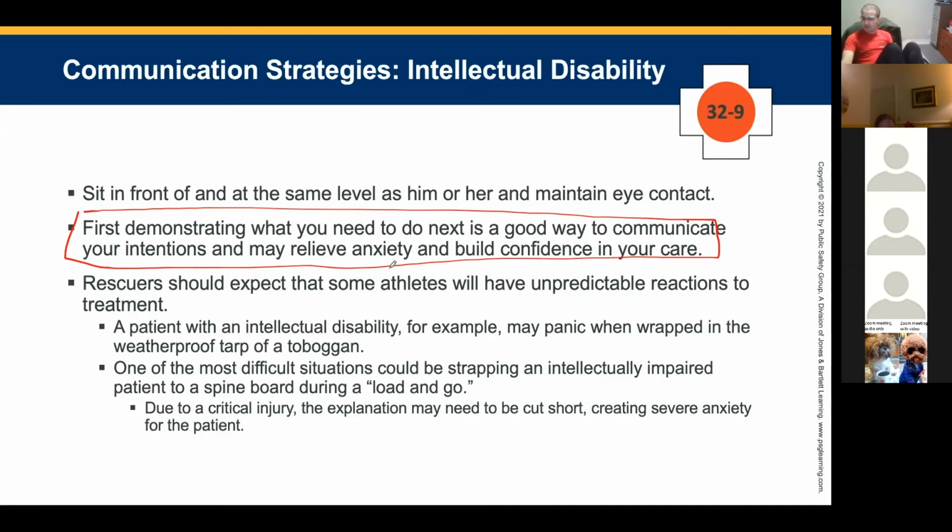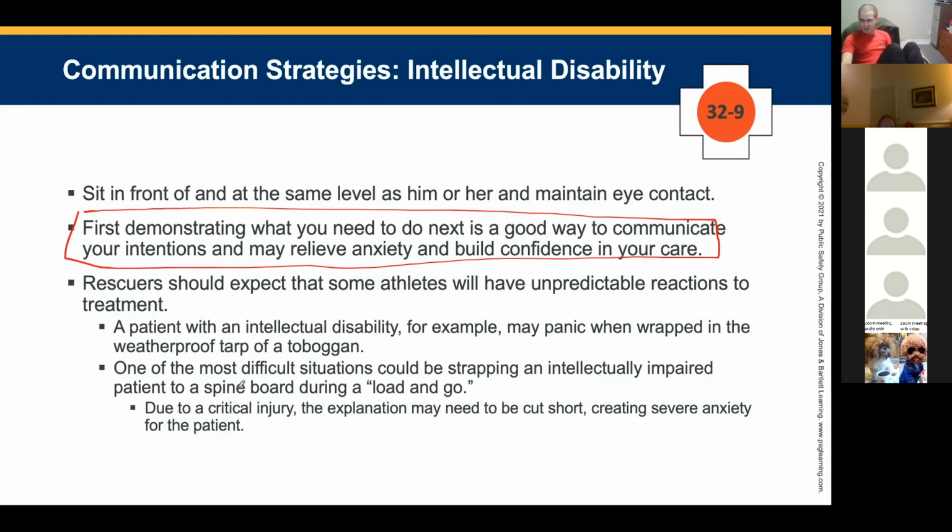We should expect that some athletes will have unpredictable reactions to treatments. So a patient with an intellectual disability, for example, may panic when wrapped in a waterproof tarp of a toboggan. One of the most difficult situations could be strapping an intellectually impaired individual to a spine board during a load and go. Due to a critical injury, the explanation may need to be cut short, which can create severe anxiety for the patient.